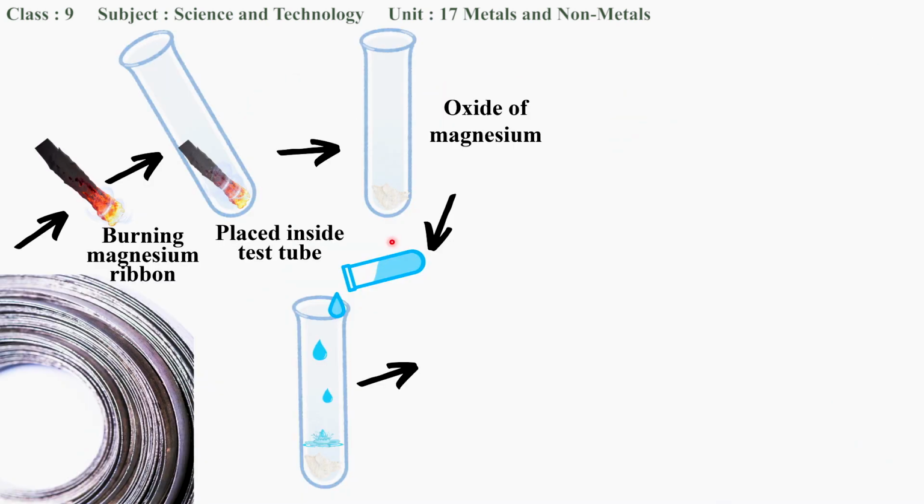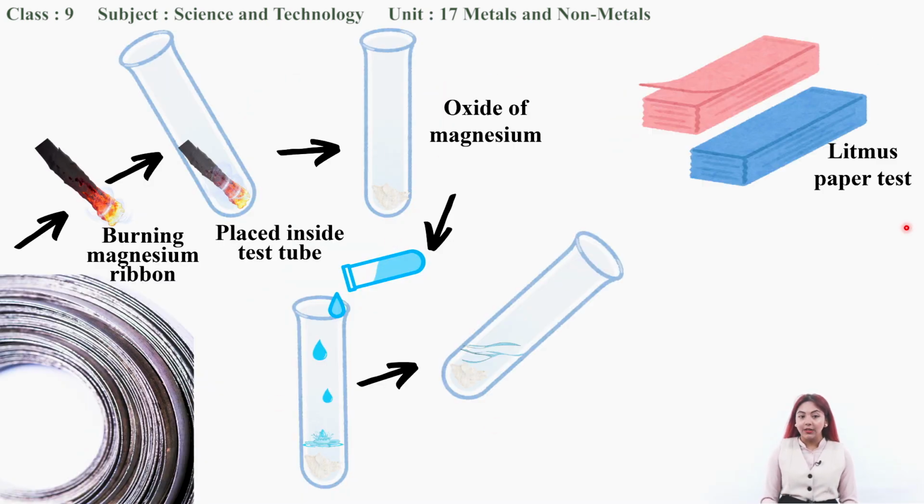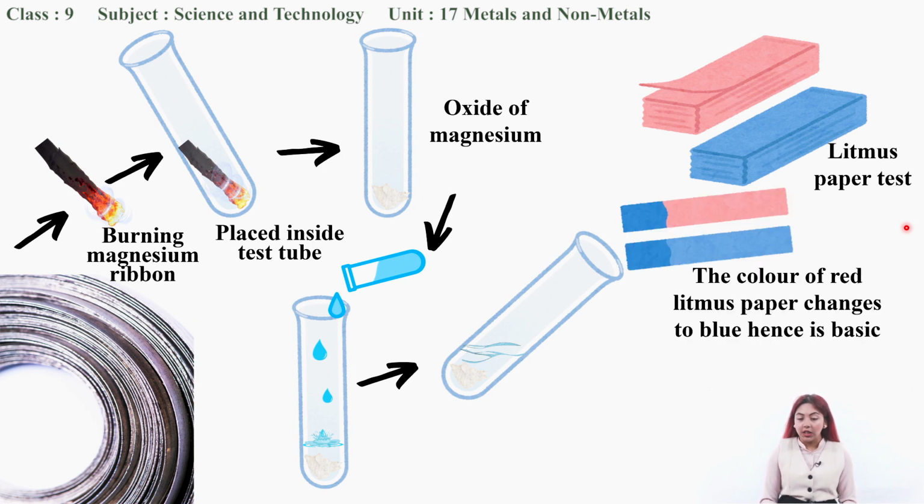Whereas the blue litmus paper did not change any color. That also proved that the magnesium hydroxide was basic.